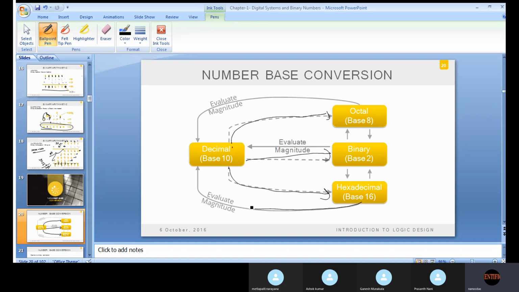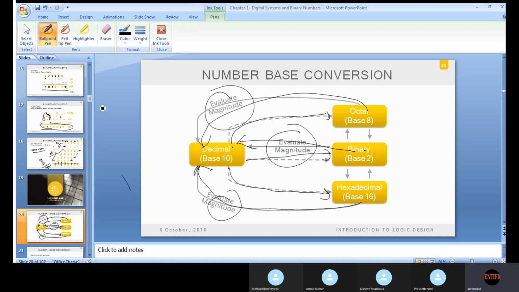This hexadecimal we can again convert to decimal, we can evaluate the magnitude. Binary also we can convert to decimal and evaluate the magnitude, that is, a final value. Octal also we can convert to decimal. We can evaluate the magnitude. Okay, so we will see all these things.